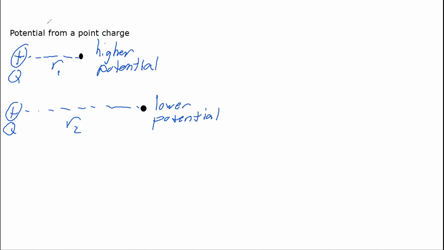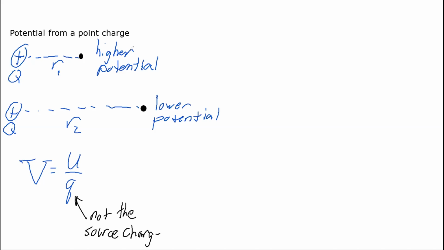Okay, and we can easily calculate that. We know V equals U over Q, where this Q is not the source charge. What's the opposite of a source charge? I'm just going to put not the source charge. It is not the charge creating the voltage.